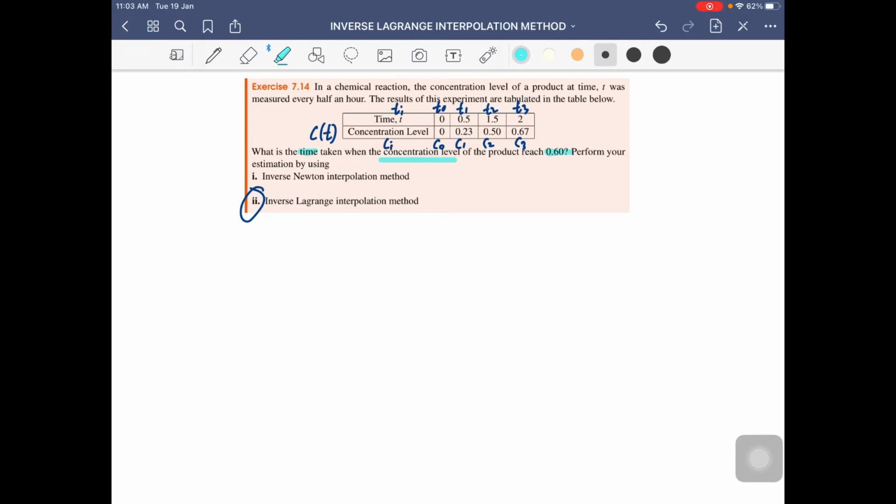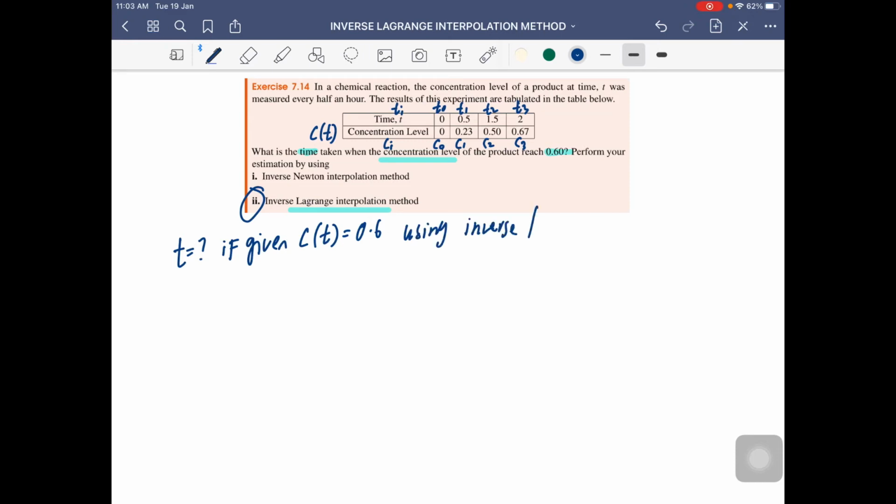Alright, now let's focus on the inverse Lagrange interpolation method. Students, what we want is to estimate t. What is our t if given C(t) equal to 0.6? We want to estimate using inverse Lagrange. Recall the formula that I discussed previously.